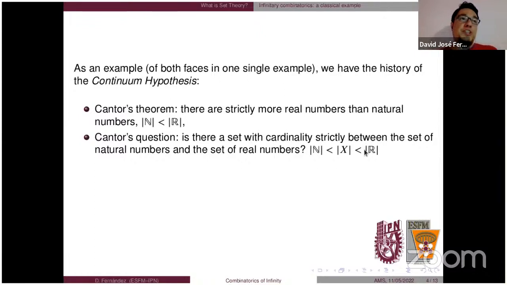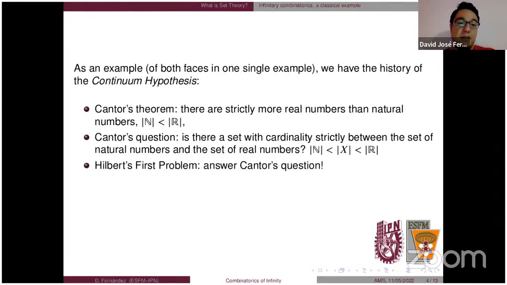And so this was a question that Cantor worked a lot on. He never got to really solve it. Hilbert thought that this was an important question. So in his famous list of the problems for the 20th century, the problems that would drive the way of how math is done for the century and the problems that are important to try to solve, the very first on his list was precisely this, answer Cantor's question.